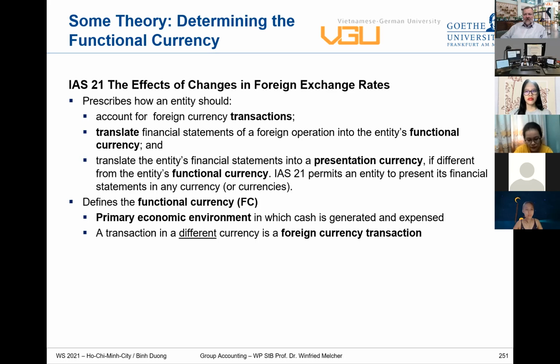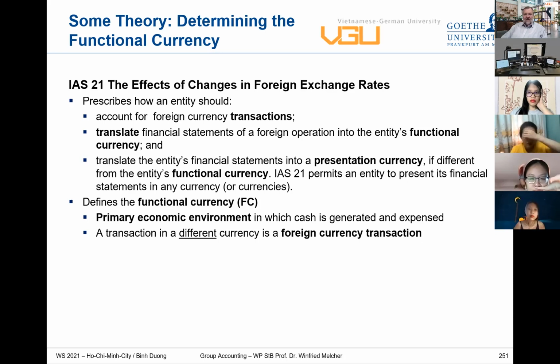Well, and then we have to look what is the presentation currency. So that is the currency in which the parents, the group accounts, are presented. So when we look at Daimler, well, they are situated in Germany. So the local currency obviously is euro.